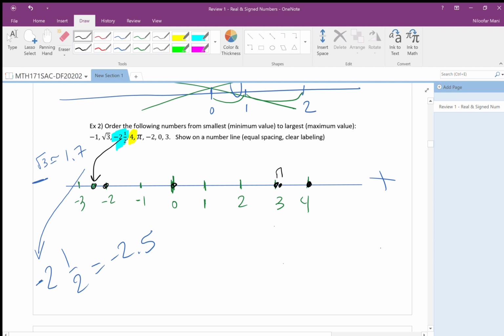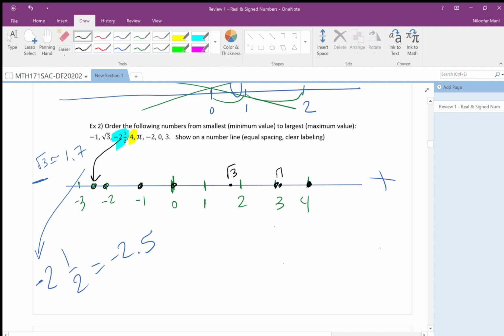Okay, so almost. And that's pi. So did I show 3? Yes. 0? Yes. Minus 2? Yes. Pi? Yes. 4? Yes. Minus 2.5. Minus 1? Yes. And radical 3, which is 1.7. Okay, 1.7, if I just approximate, if I go from 1 to 2, it would be here. This is radical 3.